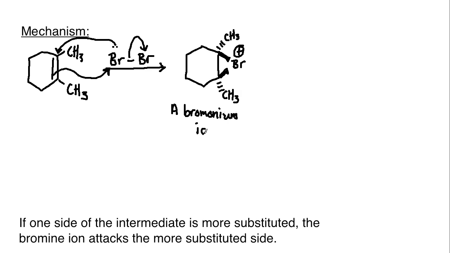Okay, and this intermediate is very important in its formation because the sterics are going to prevent the incoming bromine that's left from attacking on the same side as the bromonium ion intermediate.